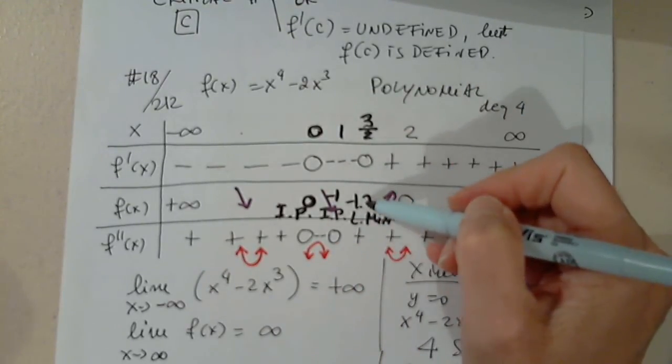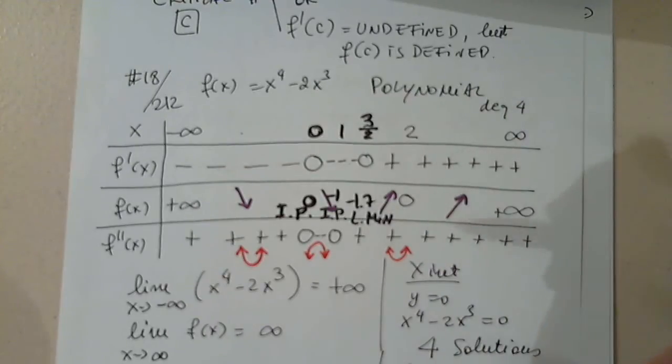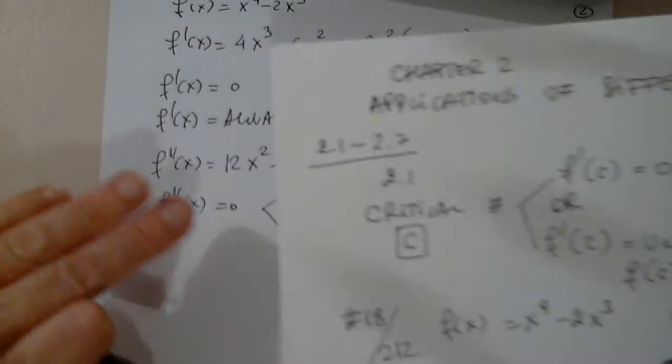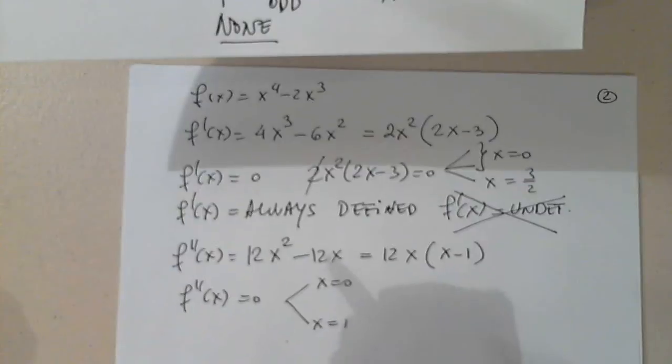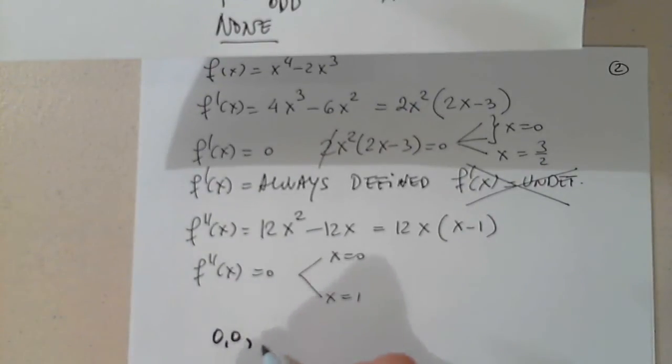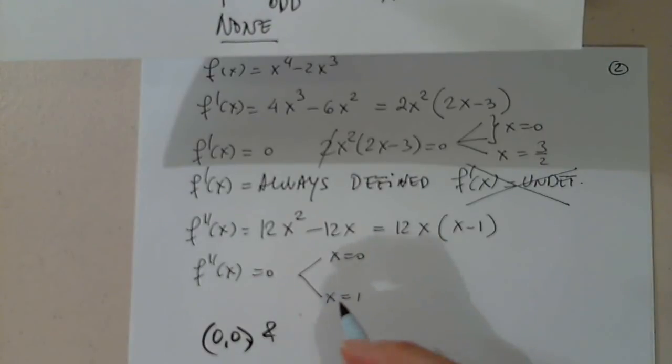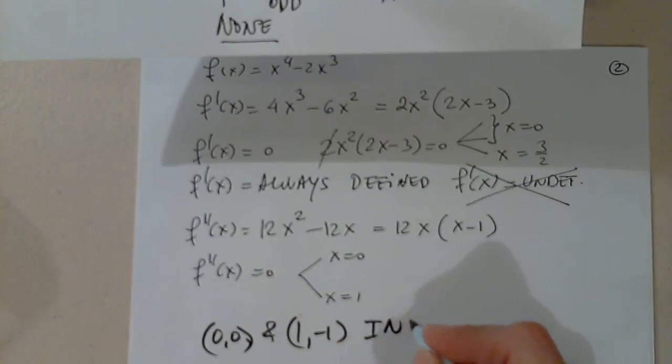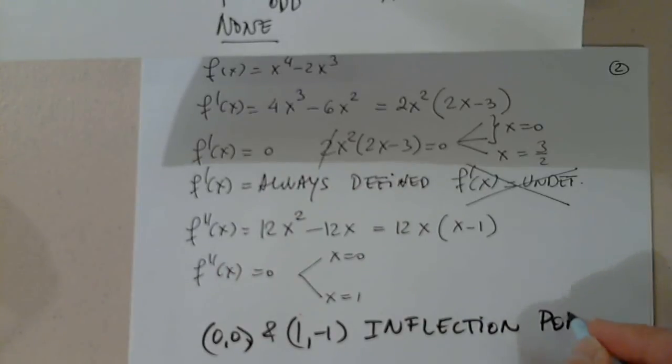So 3/2, negative 1.7 is a local minimum. I'm going to write them down one more time. So 0, 0, and 1, -1, inflection points. And 3/2, -1.7, approximately local min.